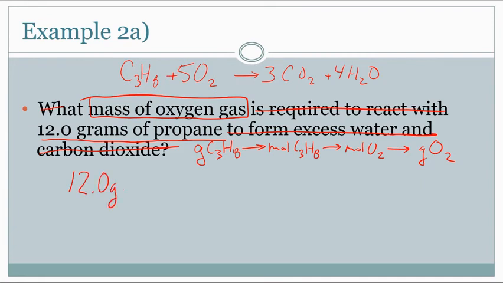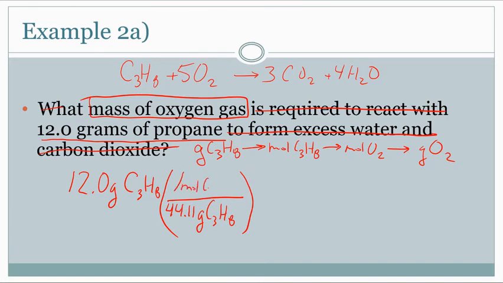That's my given. Always write your given first, C3H8. And I'm going to convert to my moles of C3H8. So I'm going to put grams of C3H8 on the bottom, and we said that was 44.11 grams.